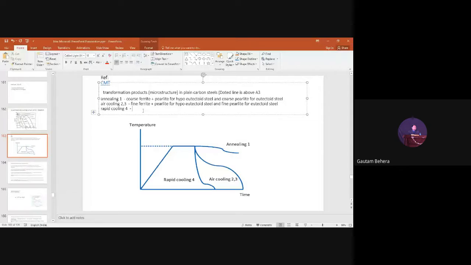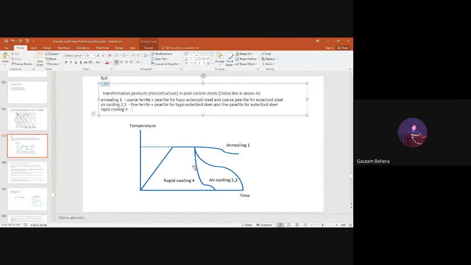Srikant? Yes, sir. What will be the answer for this one? I don't know, sir. Okay, Sriram? Yes, sir. What is the answer to this? For this rapid cooling, what will be the product?